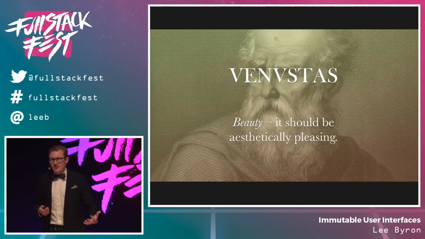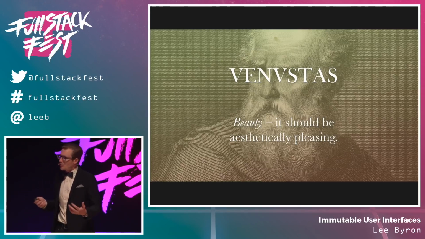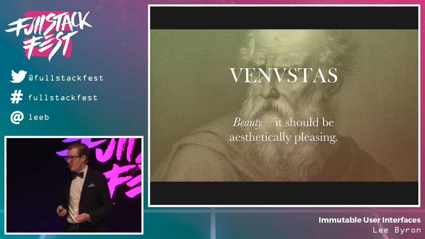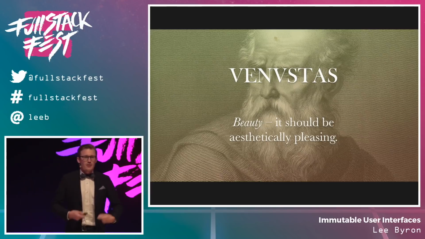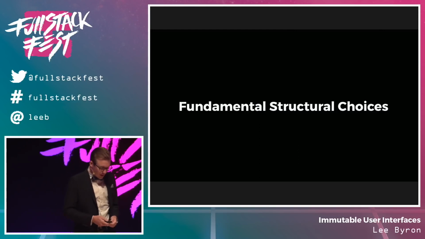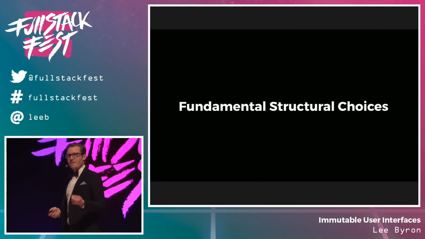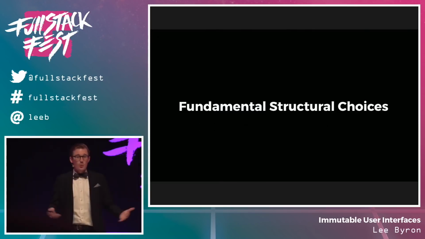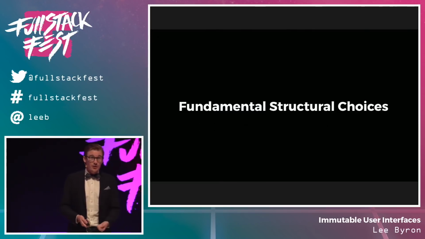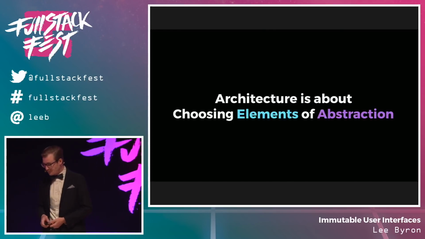The architectural choices that we make, they impact not only how easy or hard it's going to be for our teams and ourselves to improve our apps, but to also iterate on those over time. So architecture is about making fundamental structural choices about how we're going to build things with the qualities that Vitruvius set out for us 2,000 years ago.